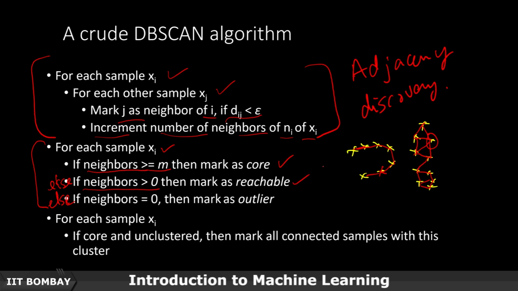Okay. And all that are left, which are not reachable, where the degree is 0, these are outlier points. Right. Once we have done that, the third phase is that we will find out all the clusters. So this is the marking phase, and the third phase is the cluster discovery.